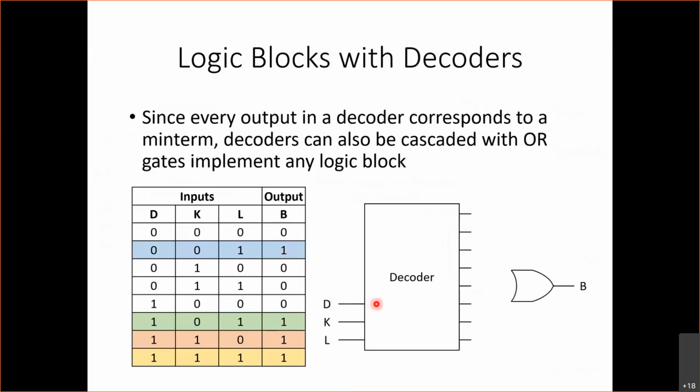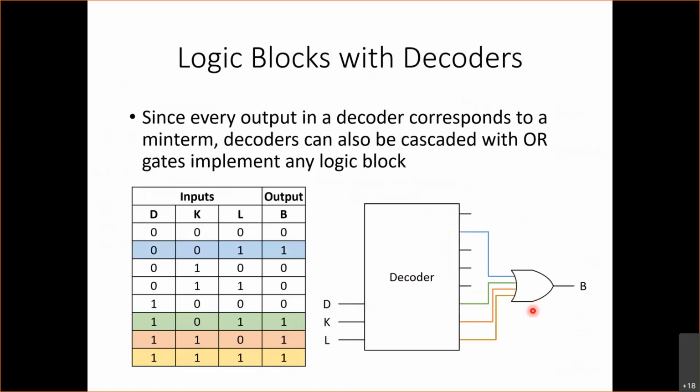So here, what we would do is for this row over here, the second row, we would pass the line from the second output of the decoder. For the last 3 rows, we would pass lines from the last 3 outputs of the decoder. And by doing this, we've essentially implemented this circuit over here using a decoder and an OR gate.